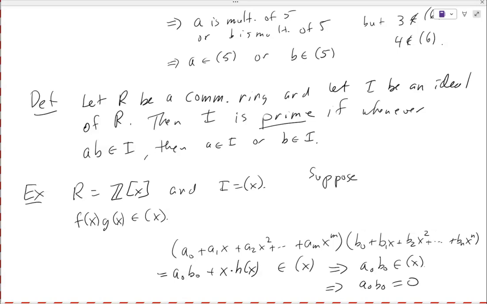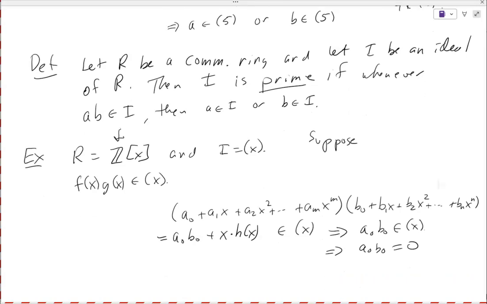But what kind of objects, what kind of constants are a naught and b naught? What ring do they live in? Integers. How is a product of two integers equal to 0? Well, one of them is 0, right?